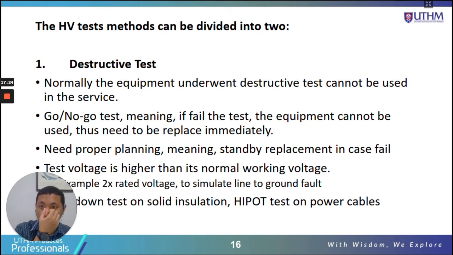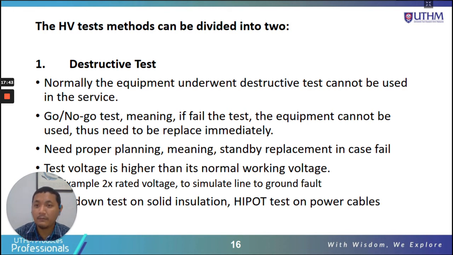Let me read this again. Normally the equipment that underwent a destructive test cannot be used in service. There's another meaning to it actually. Let's go to the second one first: go or no go test.